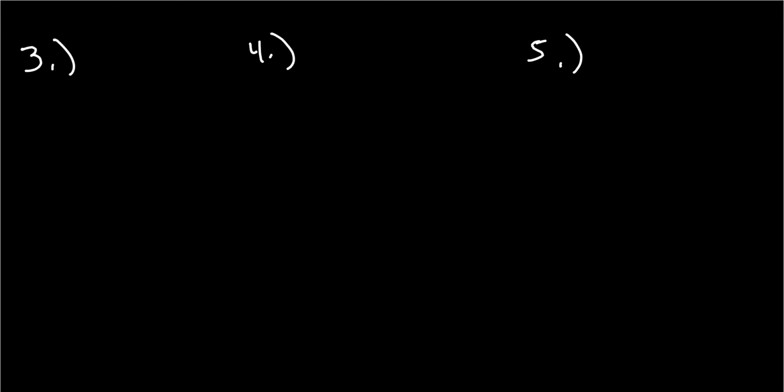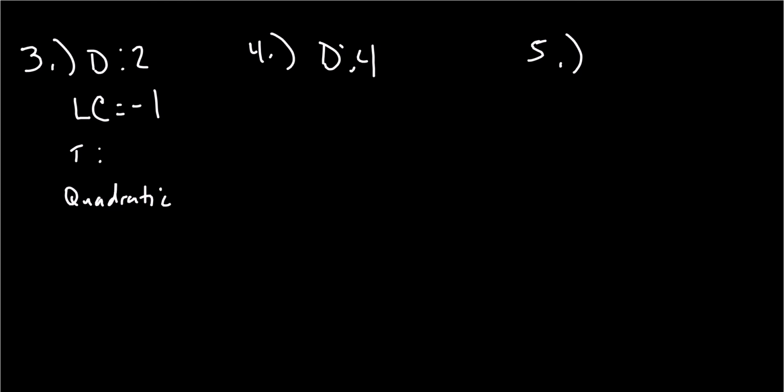Also for 3, 4, and 5, I forgot to say the degree, leading coefficient, and type. So number 3, the degree was 2. The leading coefficient was negative 1. And the type is a quadratic. Number 4, the degree is 4, which makes it a quartic.